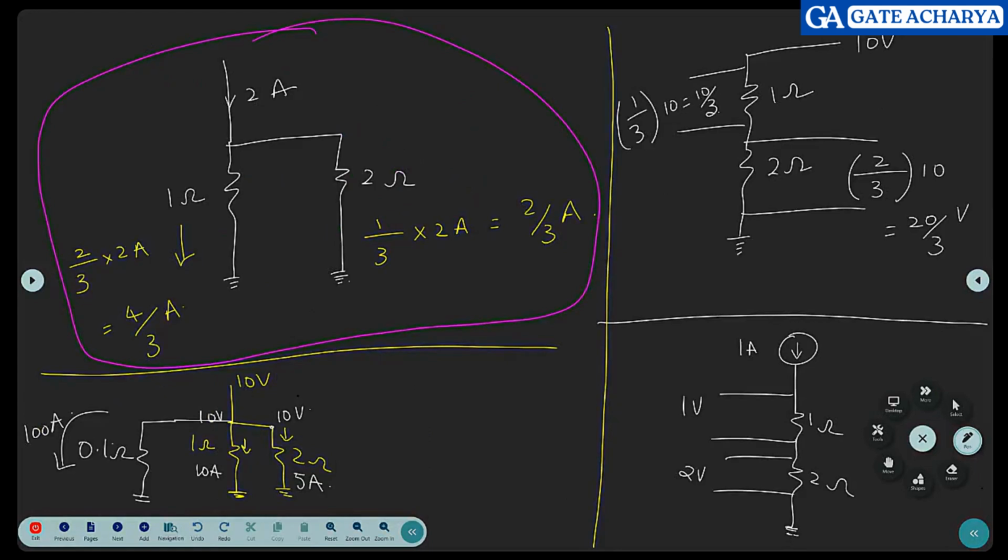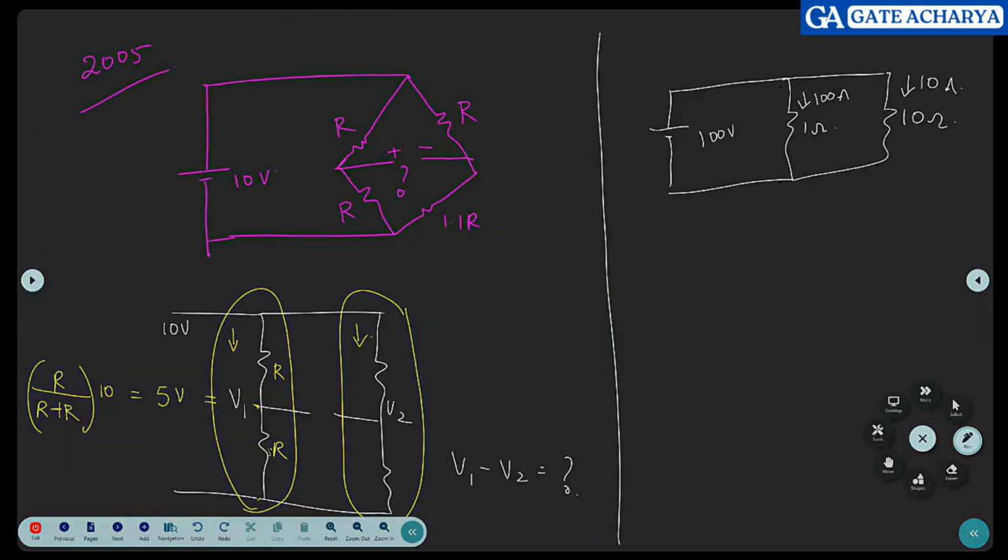It is R divided by total resistance, so it will be 5 volts. How about here? Here it will be 1.1 R divided by R plus 1.1 R, into 10.